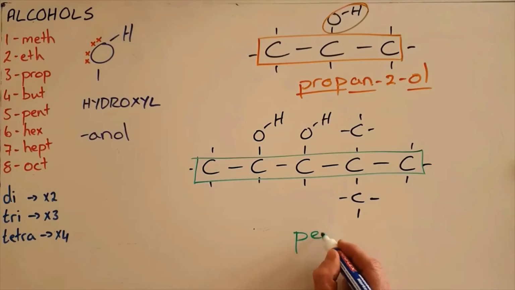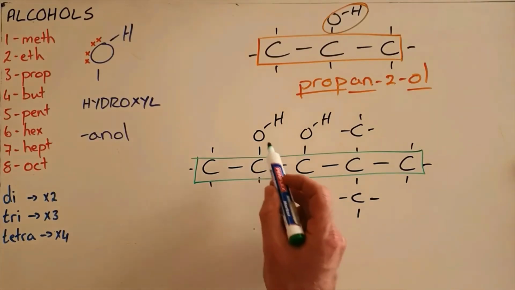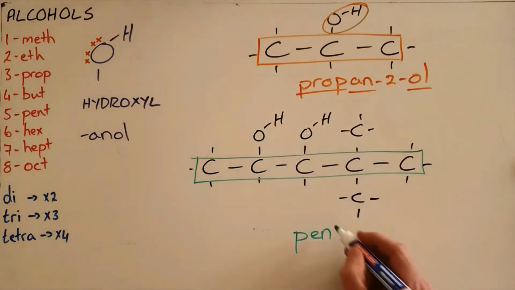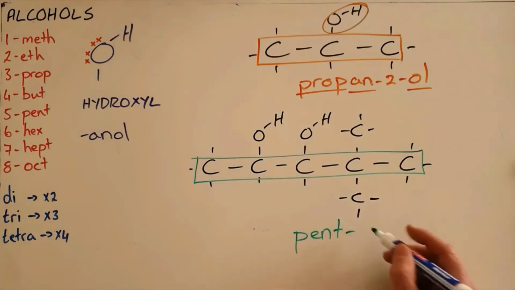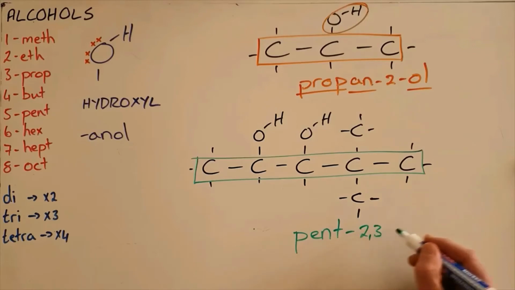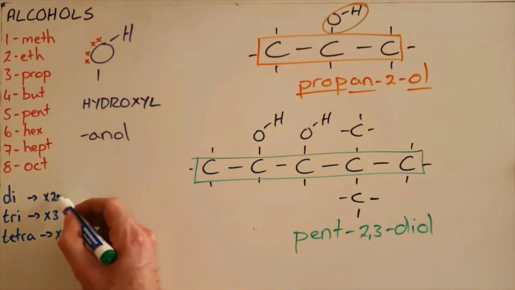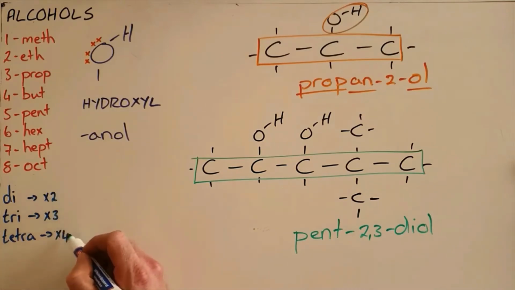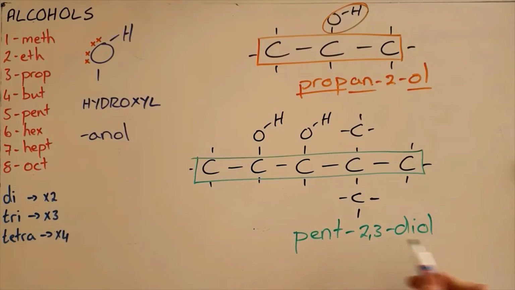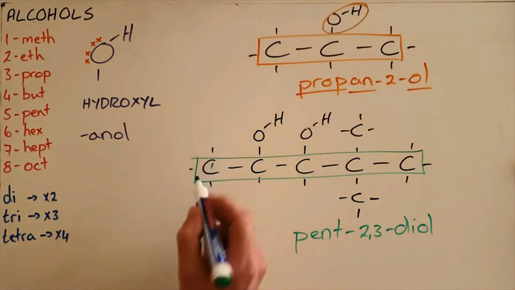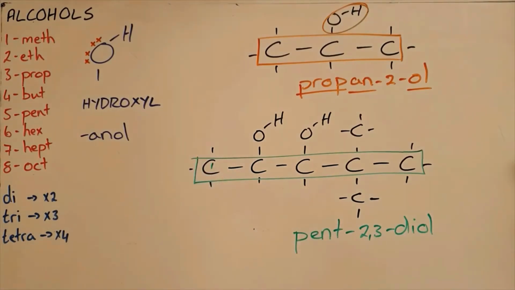We can see that it is an alcohol, so it should be pentanol, but the change now is that there are 2 hydroxyl groups, so we would write this as pentan-2,3-diol. We use the same prefixes for multiple functional groups as we had di, tri, and tetra, so this would be pentan-2,3-diol, with this being carbon number 1.